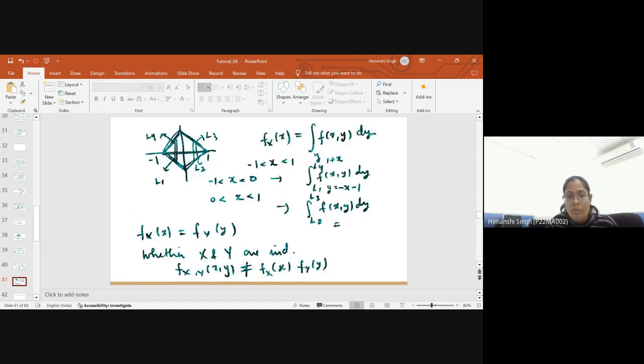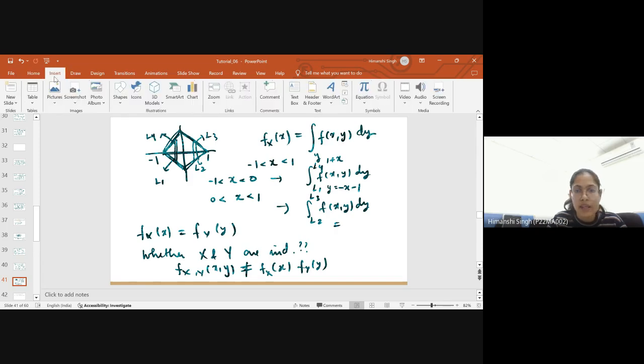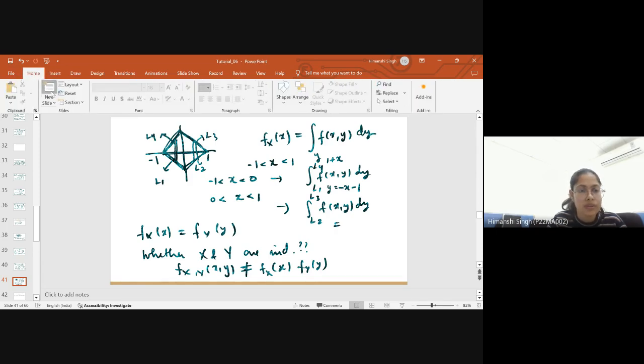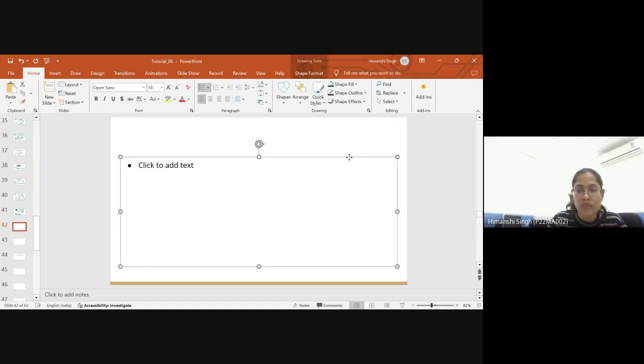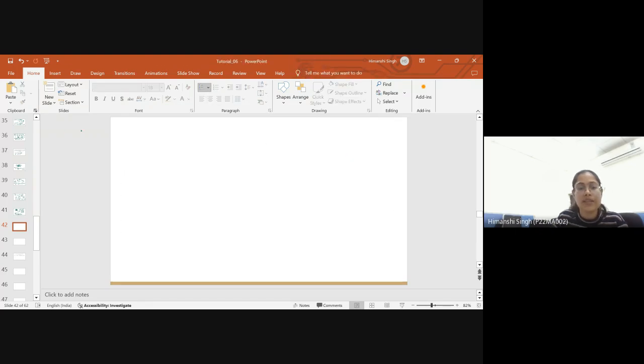Now further, we need to calculate the expectation of x and y. The marginals we have already calculated, so we will be finding the expectation now.